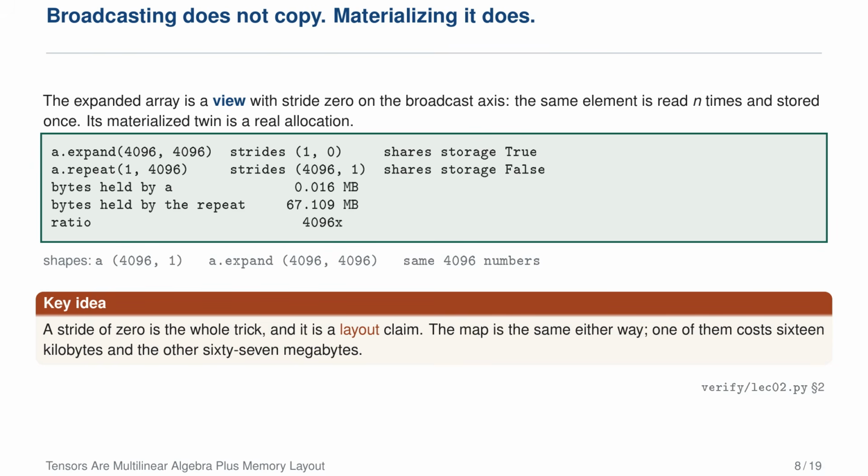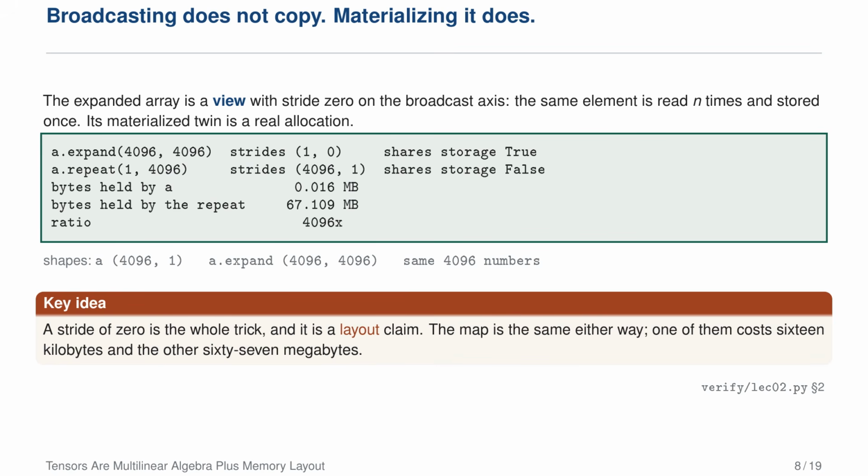Broadcasting is also free, and it is worth seeing why. When an array is expanded, the result is a view whose stride along the broadcast axis is 0. A stride of 0 means the reader advances along that axis without advancing in memory at all. So the same element is read again and again while being stored exactly once. Its materialized twin is a genuine allocation. The measurement makes the difference concrete.